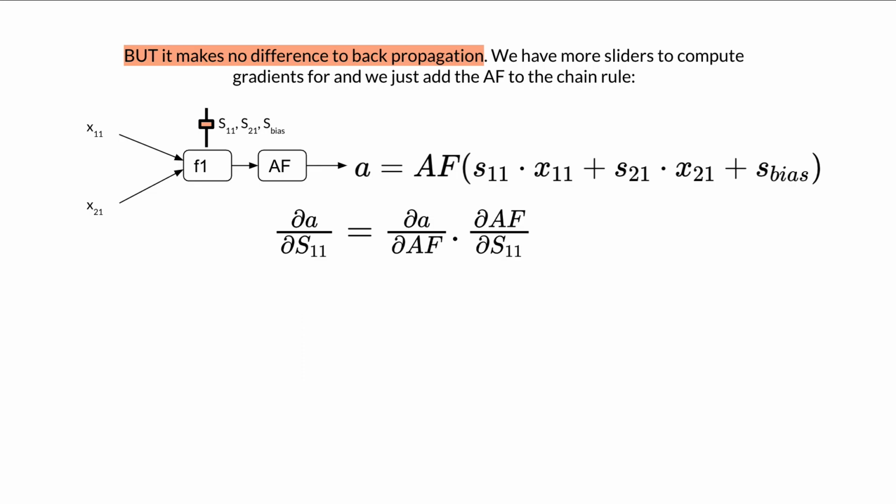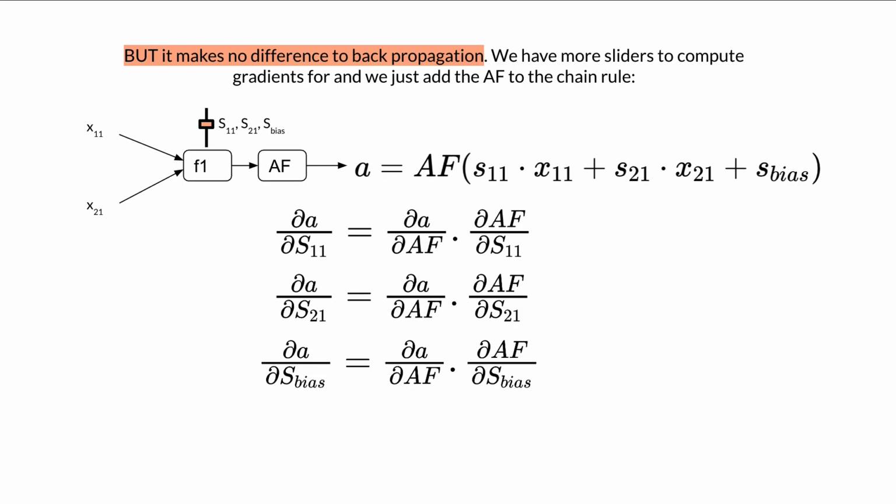So the partial of the output of this function with respect to s11 is the partial with respect to the activation function times the partial of the activation function with respect to s11. Similarly for s21 and s-bias.